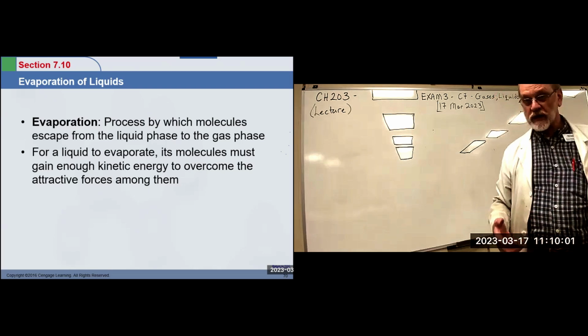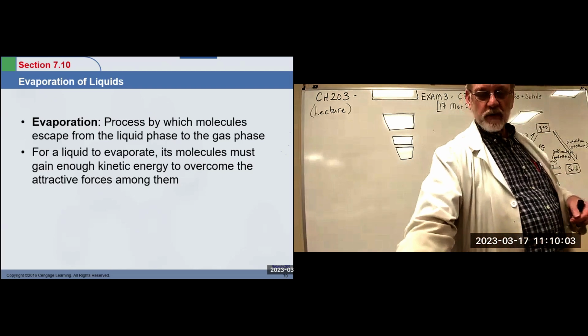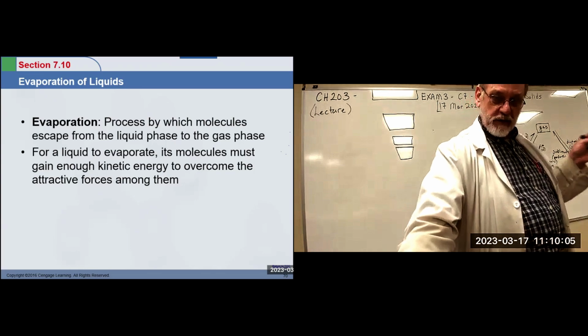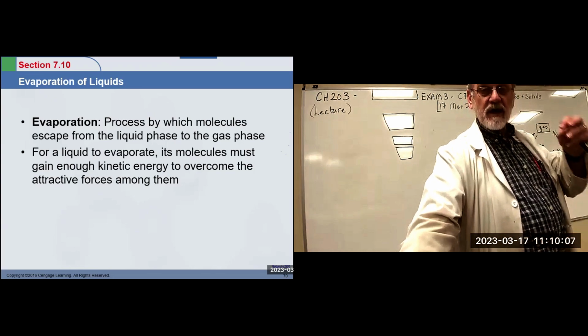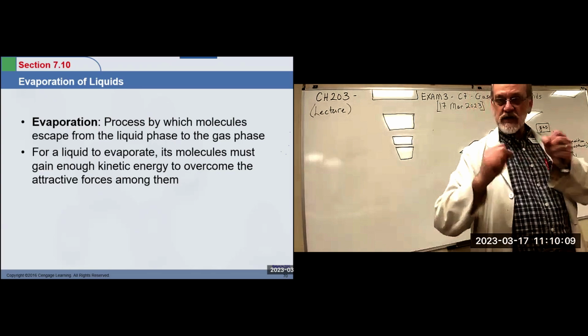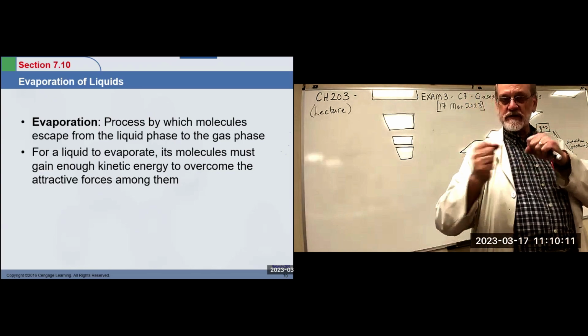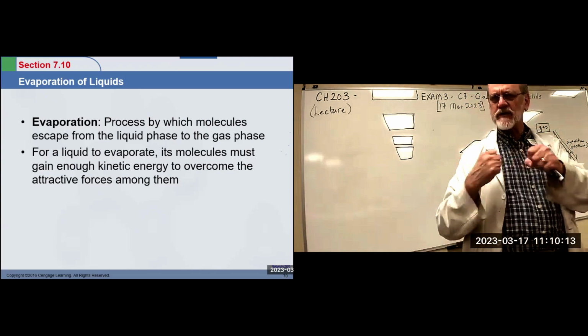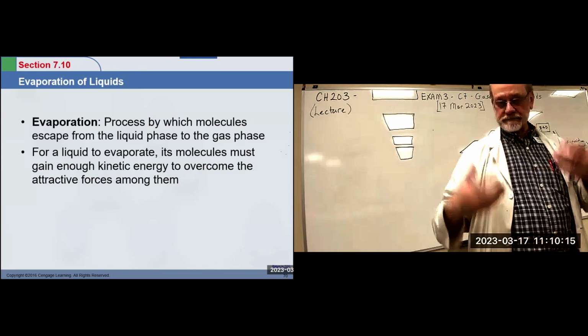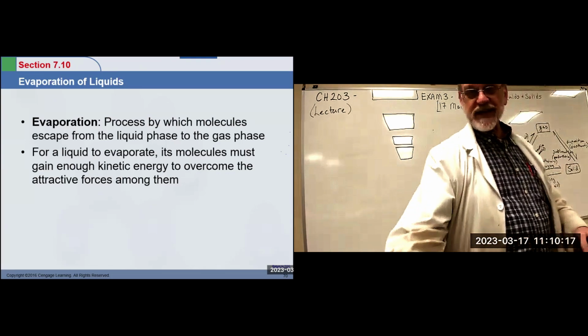So evaporation is one example of that. When you go from a liquid to a gas, you put energy into it, it's endothermic, which makes the kinetic energy increase, temperature increases, well, not temperature, but kinetic energy increases, and you change state.